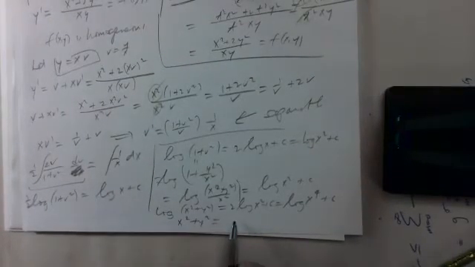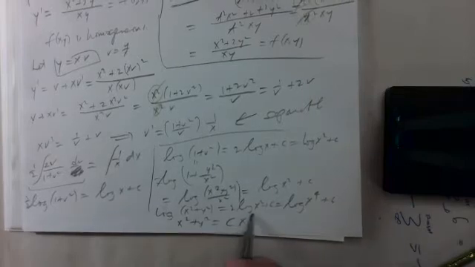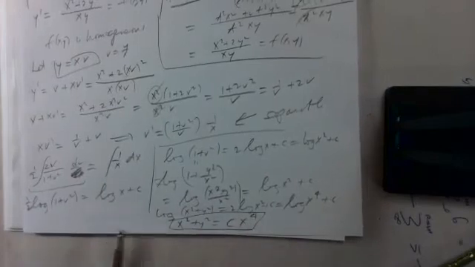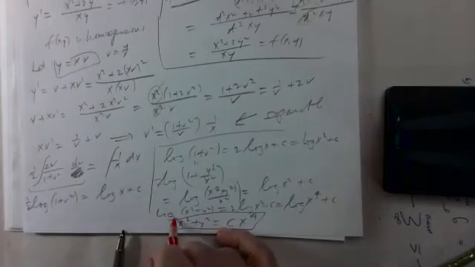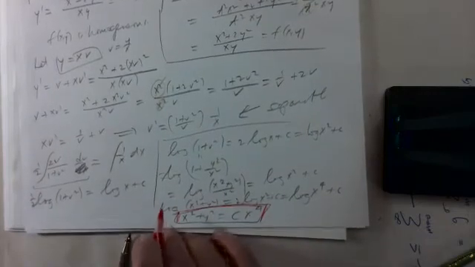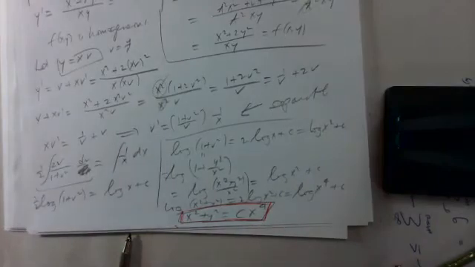And when I exponentiate, I get x squared plus y squared equals some constant times x to the 4th. So that's the solution. Pretty good.